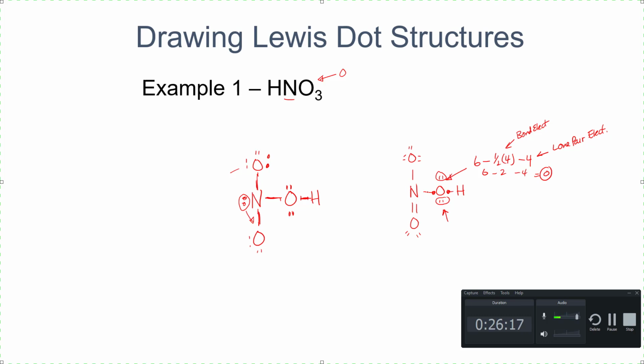It shares a total of 4, 2 with nitrogen, 2 with hydrogen, but it owns 1 outright. So if this oxygen and this hydrogen were to amicably separate, each atom would get its electron back. So in this case, that oxygen owns 4 outright, and it owns 1 in each of the bonds. So it owns 6. It came with 6. There's no net change. 0 formal charge. Okay, so that's another way of looking at formal charge.